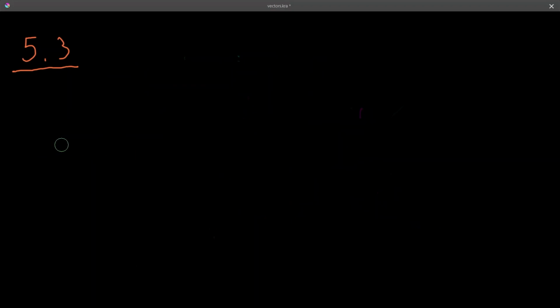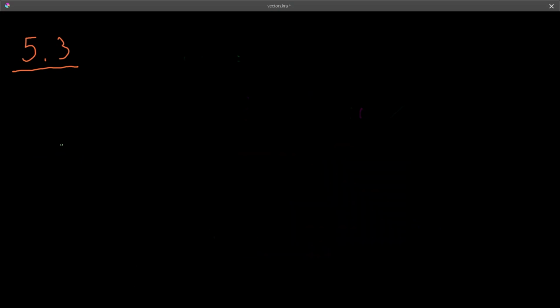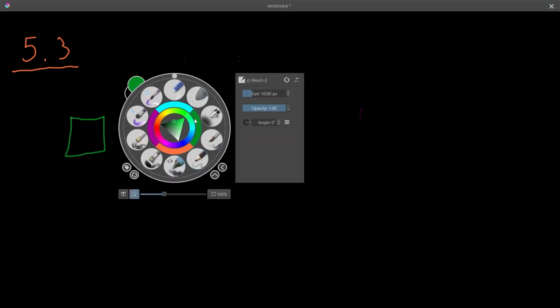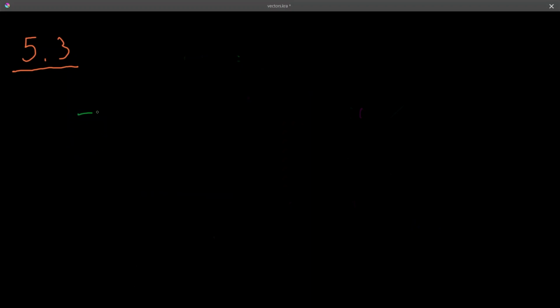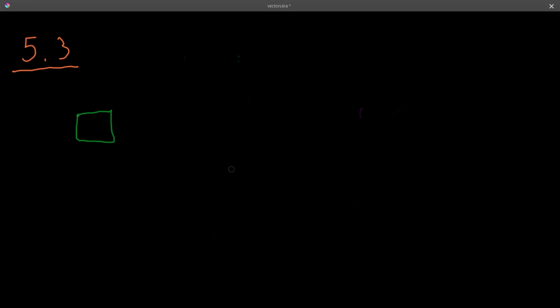Okay, so next thing we're going to discuss the concept of an equilibriant. Now, an equilibriant is just a force that balances all the forces acting on an object. So say this is your block, and you're pulling on this block like this with the force of, say, 200 newtons, and this is like 30 degrees.